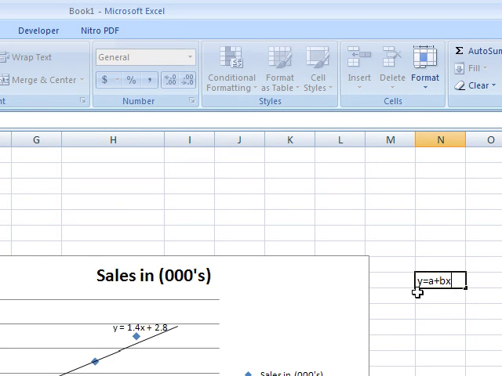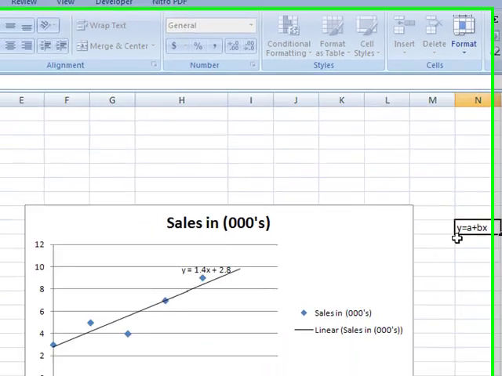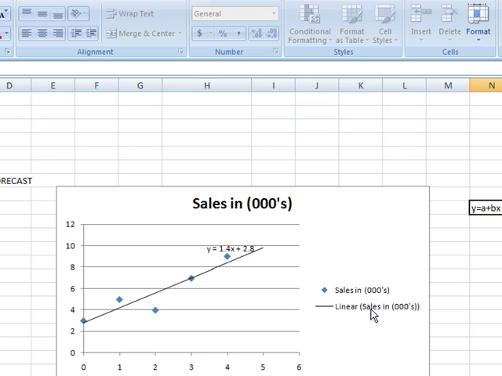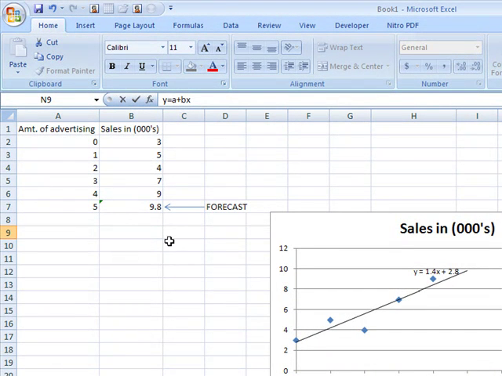The slope of the line is b, and a is the intercept, the value of y when x is 0. Now, if we're going to be looking at linear regression, we should understand that linear regression attempts to model the relationship between two variables, and these are the two variables, namely advertising and sales.